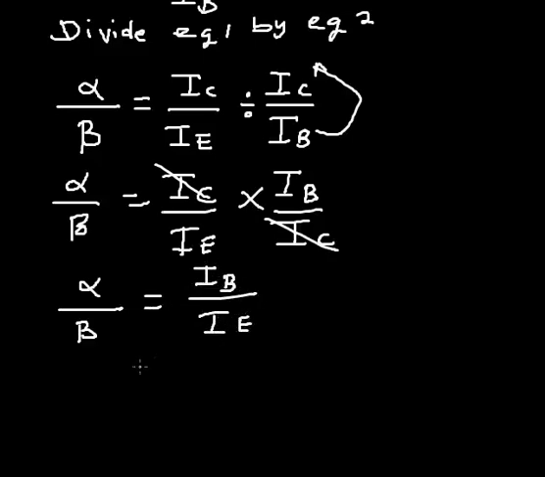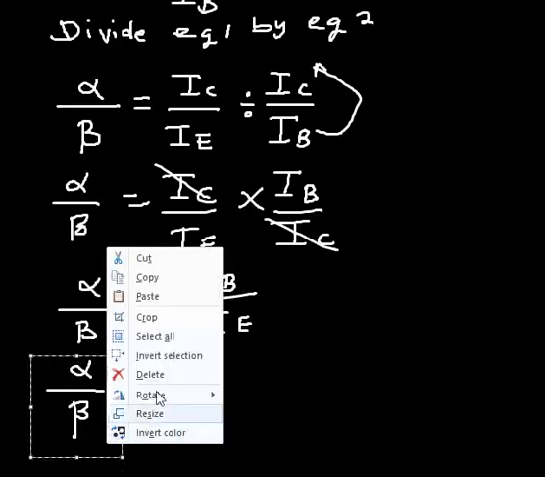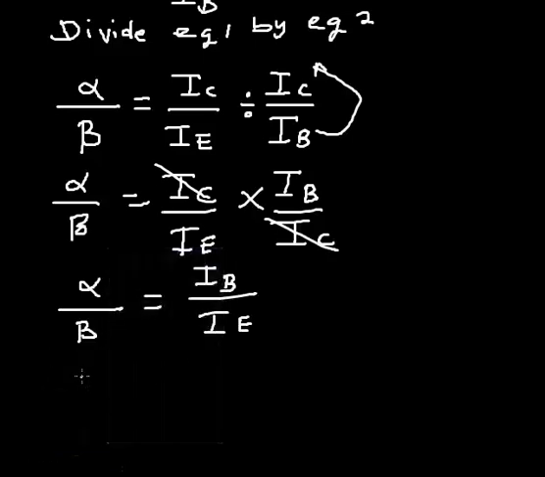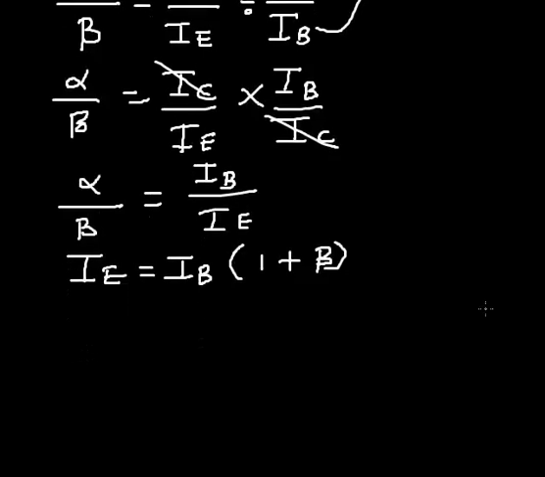Now, for me to establish my relationship, don't forget what we did previously. Remember, we said that the emitter current is equal to the base current multiplied by 1 plus beta, if I can still remember. So let's substitute that into this equation.